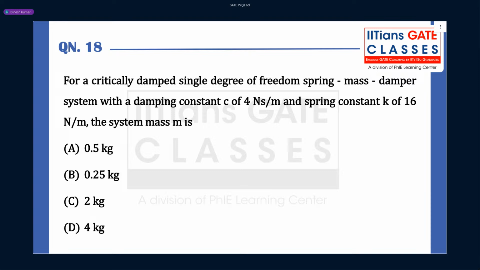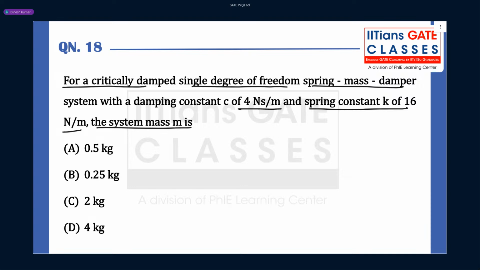Read the question. The first question is question number 18. For a critically damped single degree of freedom spring mass damper system with a damping constant C of 4 Newton second per meter and spring constant K of 16 Newton per meter, the system mass is. It's critically damped, right?